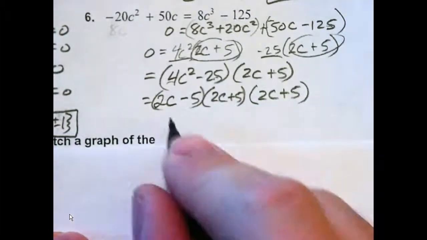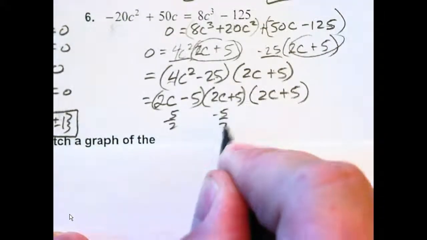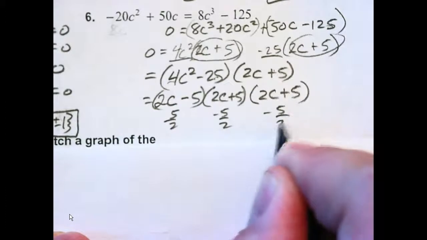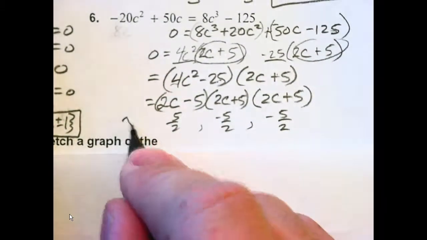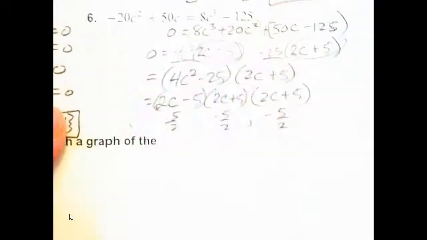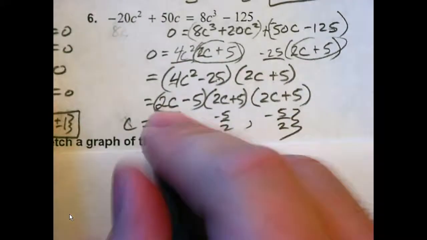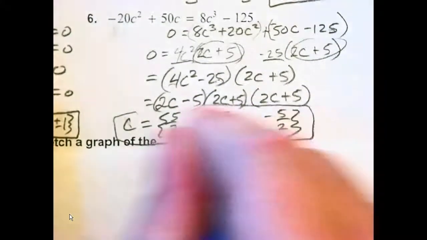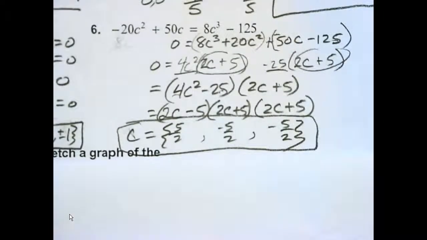We end up with 5 halves for this one, negative 5 halves there and negative 5 halves there. I'm just going to call it there. Okay. Any questions?